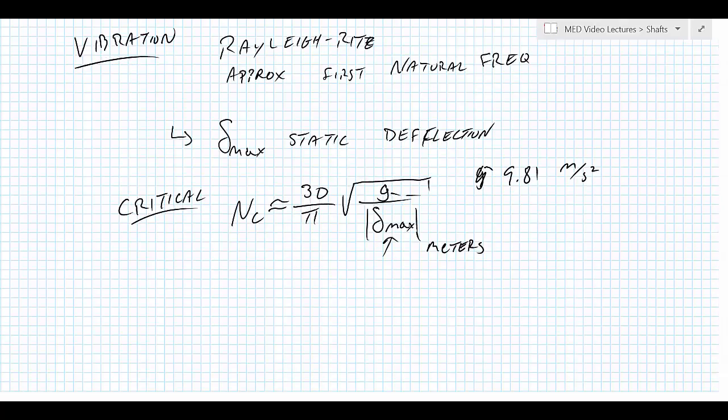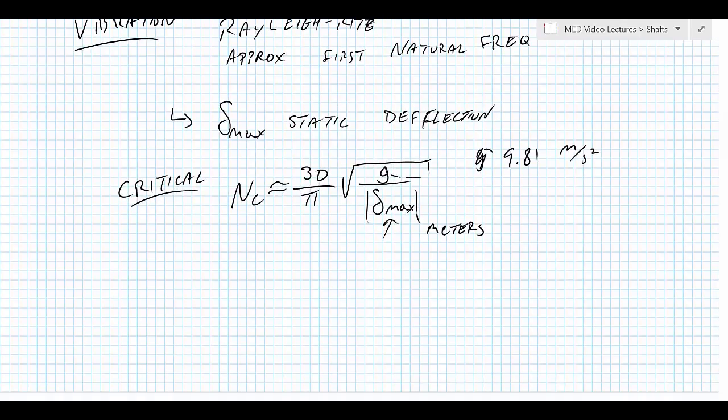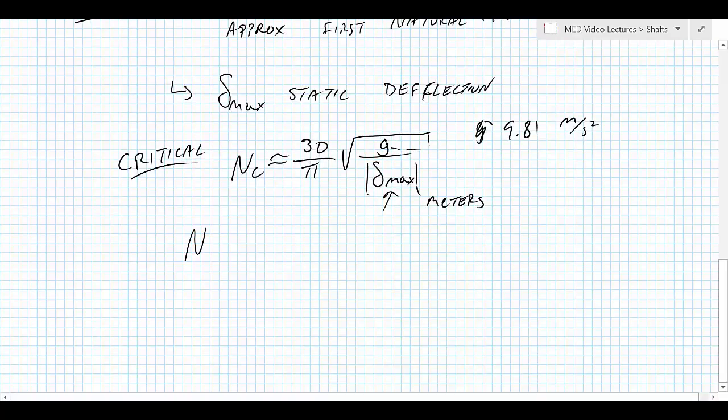This is going to get you some critical speed, and typically what we want is something much less than that. The maximum speed that we ever want our shafts to operate at is going to be a fraction of that critical speed. Good design practice might be 25% of this critical speed.